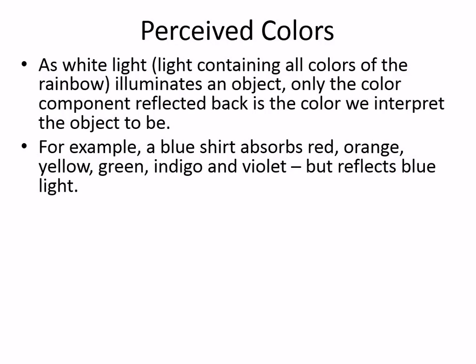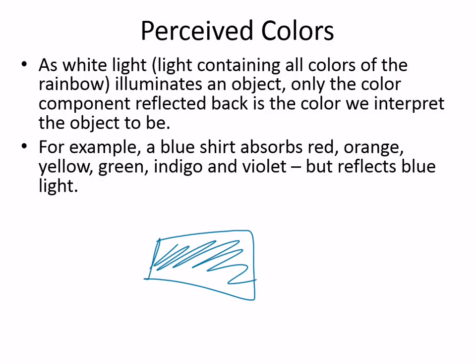Anyway. When you see something blue, that is actually the color that's reflected. If this is a blue shirt, the light could be from the sun. The thing about sunlight is it is sending all colors of visible light.